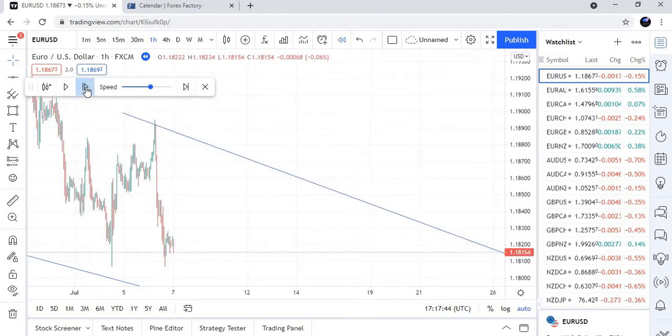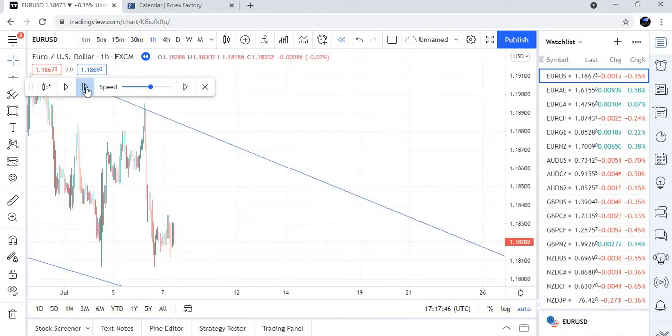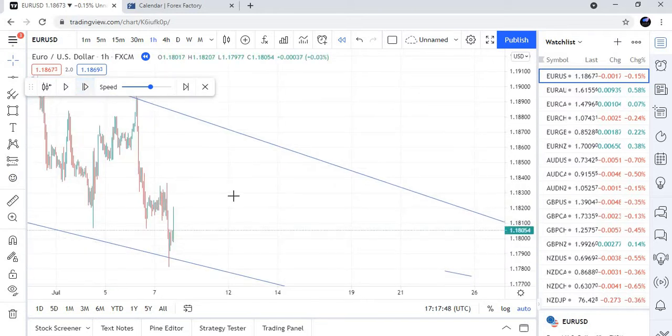Once you notice that it has formed, or it wants to form something like this, this is the level you draw your second trend line. You draw your second trend line, let these two match, and you draw something parallel to what you drew before.